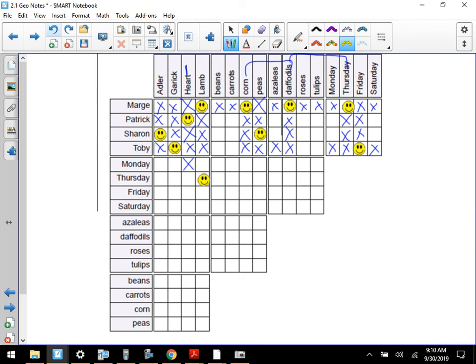So we know that we went by first names this way, last names this way. She did corn. She did daffodils. And Thursday. So we have her four spots going downward, which means everything else in that Lamb category is an X. I do the same thing with Hart.